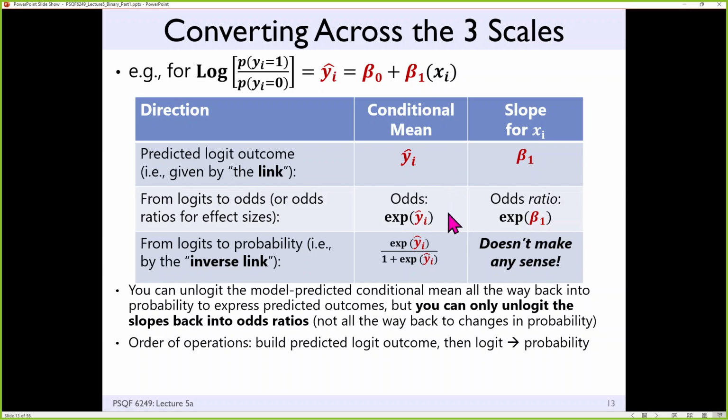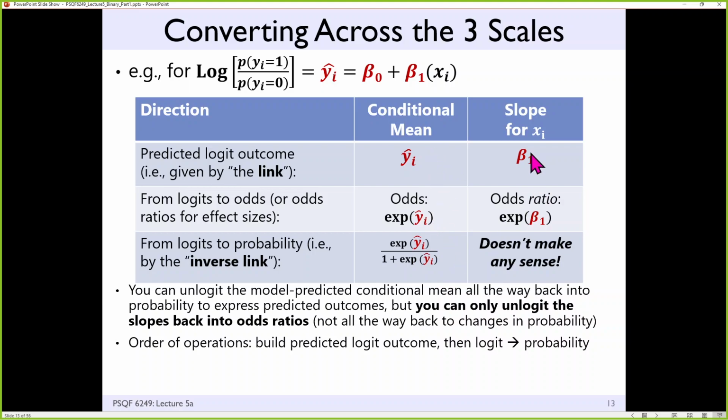I can take it down into odds, which is e to the power of that predicted logit, and that would have a neutral point of 1. Or I can take that predicted logit one further step down into probability. So we have e to the predicted logit over 1 plus e to the predicted logit as the inverse link function. So I can express my predicted outcomes in probabilities, odds, or logits, up to me.